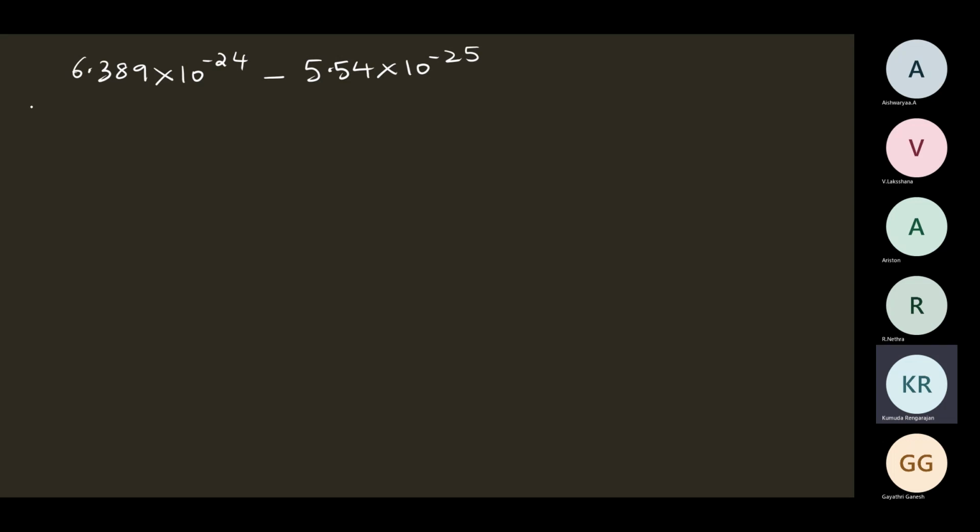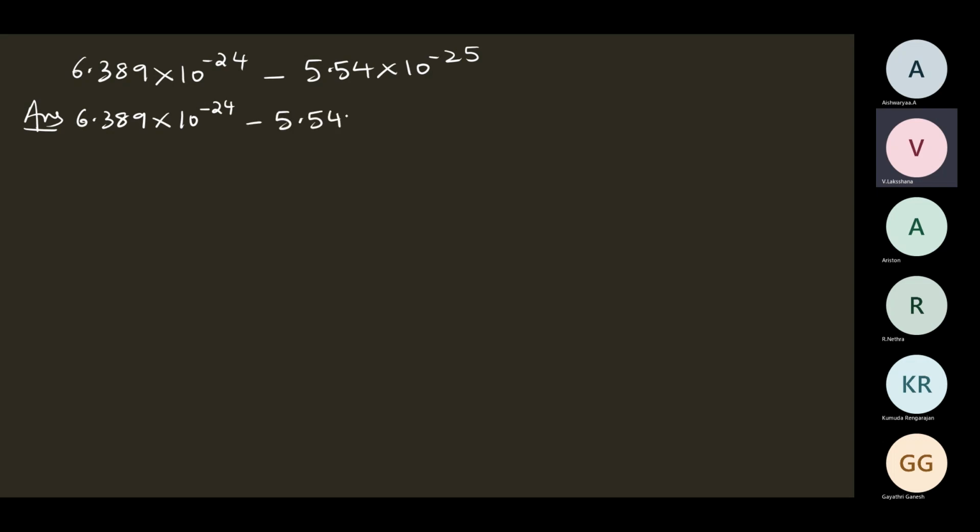All right. Yes, please. Ma'am, it's 6.389 into 10 to the power minus 24 minus 5.54 into 10 to the power minus 24 minus 1. Very good.